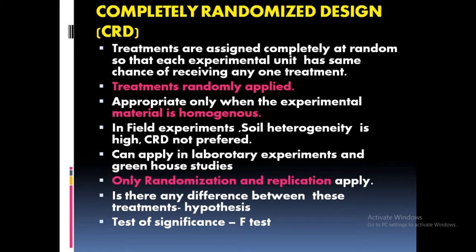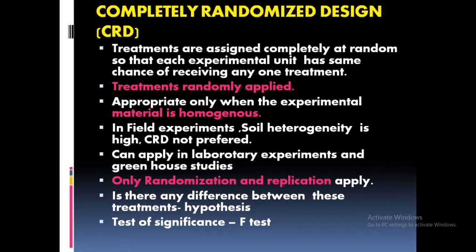Okay. When you study a medicine's impact on patients, if it is a miscellaneous, heterogeneous group and you apply the treatments randomly, what will be the result? The child's effect will be one, the adult's effect will be another. So it will not be applicable in a heterogeneous group.